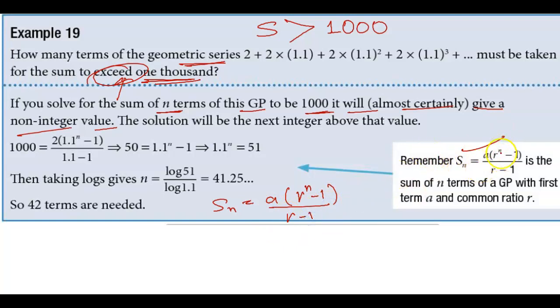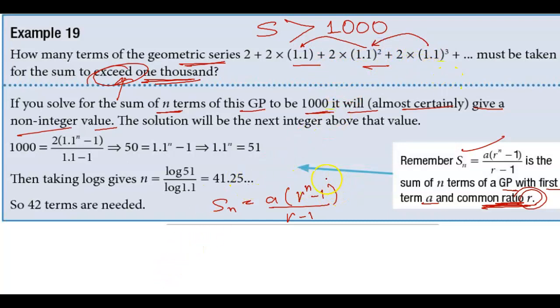Sn equals a times r raised to power n minus 1 upon r minus 1 is the sum of n terms of GP with first term a and common ratio r. What is the common ratio over here? It is 1.1, right? When you divide this by this expression, you will have 1.1.